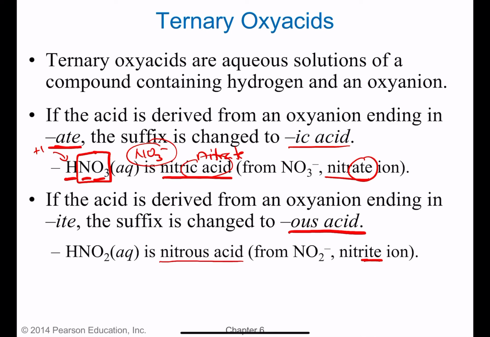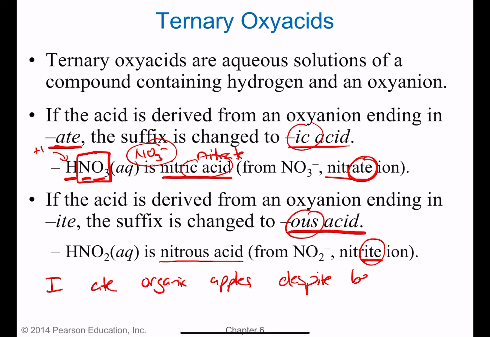And there's one learning tool or a trick that you can use to try and memorize this trend where ITE becomes OUS and ATE becomes IC. So it's: I ate organic apples despite being poisonous. So I ate organic apples despite being poisonous. And this is how it helps you.